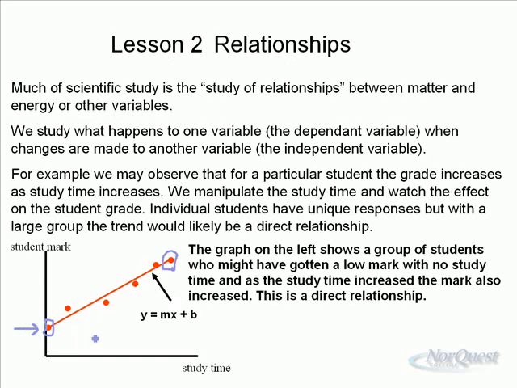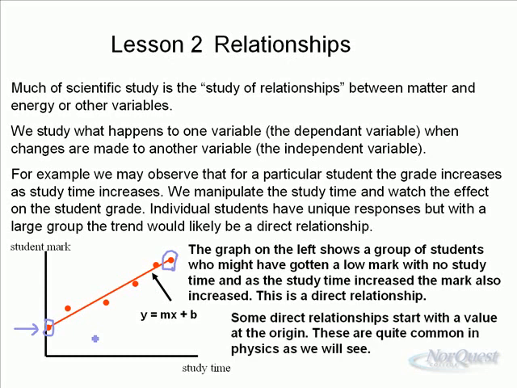So it doesn't have anything to do with the experiment, except that this is the starting point. All right, at zero study time, the student's still capable of getting a certain mark. Not that high a mark, but a mark. Not a zero mark. Now, with some relationships, the graph starts at zero because with zero input, there is zero response. And so the mark would be zero, perhaps in some courses.